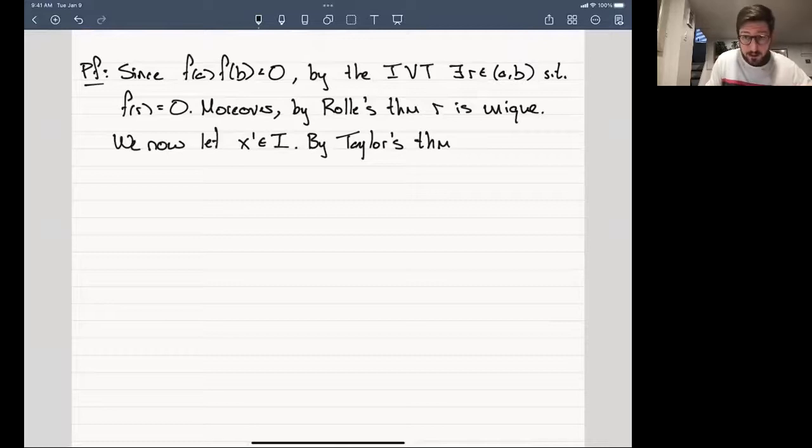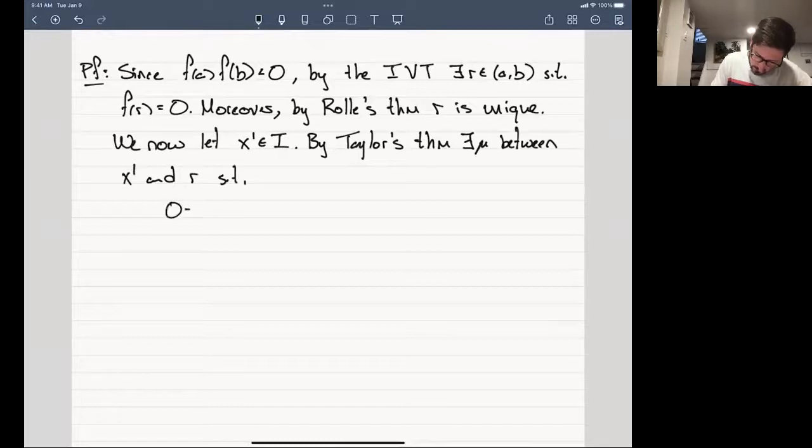again, now I know that I've got a root. Well, there exists some mu between x prime and r such that, well, remember 0 is equal to f of r, and we're going to expand around x prime.